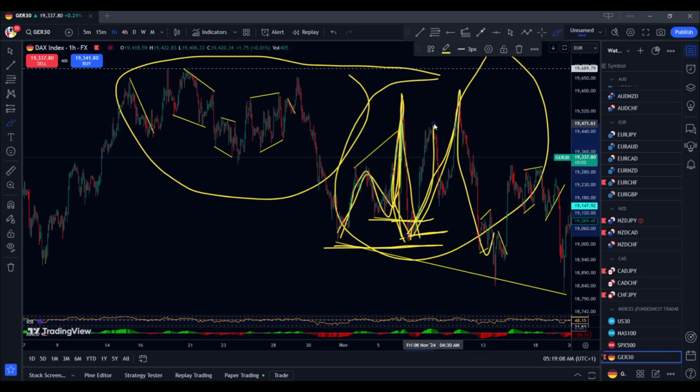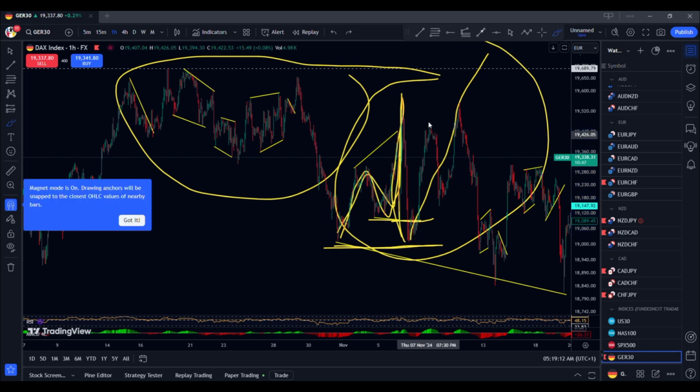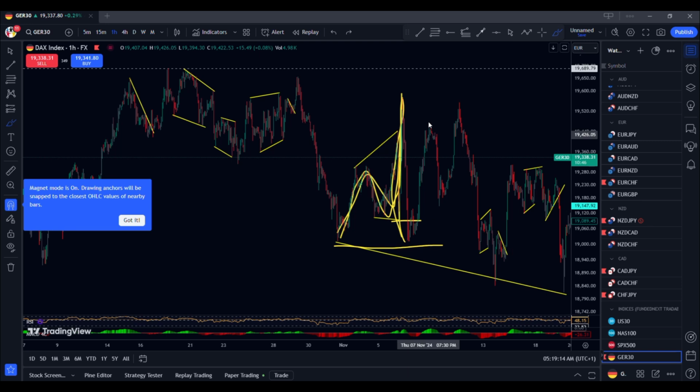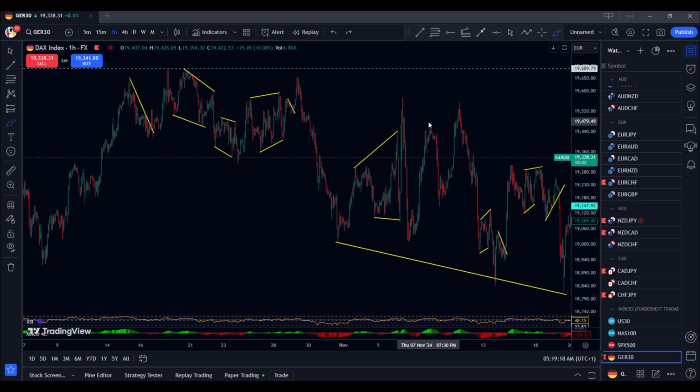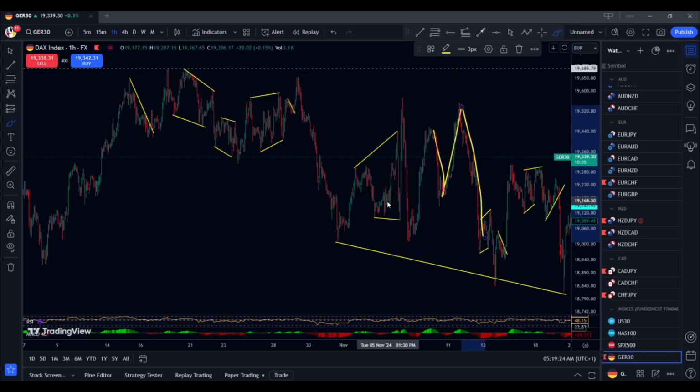So when you saw this happen, it started looking much more confusing. Okay, so what you need to do is stay calm, stay out of the market, and watch what it does. So you see all of these moves, you see this, and now this looks like a double correction.